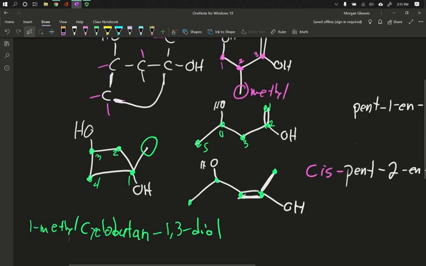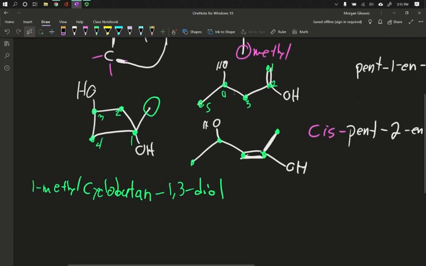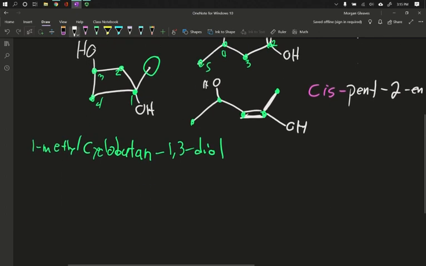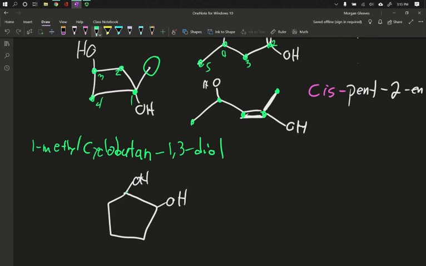Well, as we saw up above, we can move a methyl and make a longer chain, so we could also use all 5 of those carbons in a ring and put OHs on them. So what if I put them adjacent? Here's a 5-atom ring. So 5 carbons.